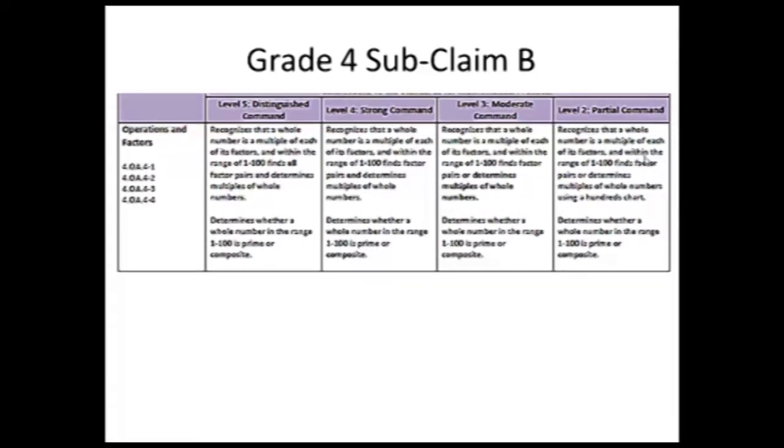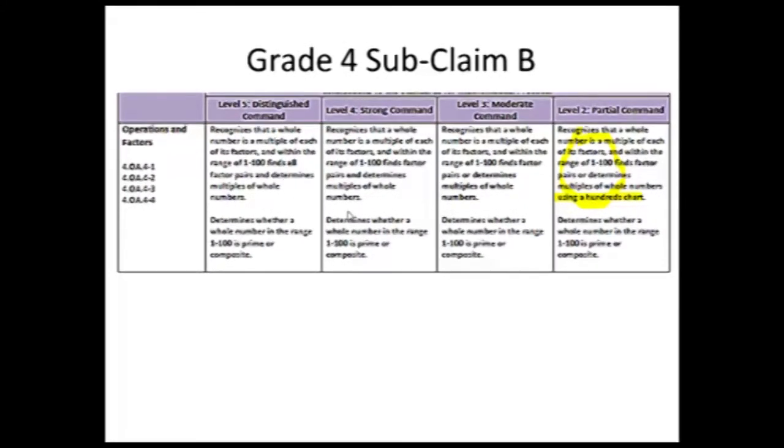You notice here that in partial command I can do that, but I'm using a hundreds chart. As I go up to the stronger command of the content, I take away some of these supports, but also I have to do an exhaustive finding of those factor pairs.